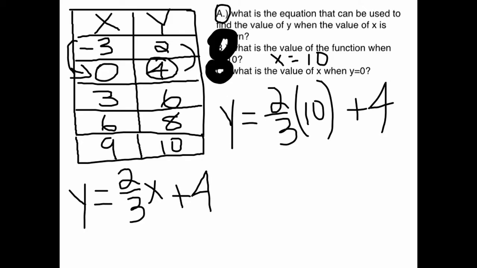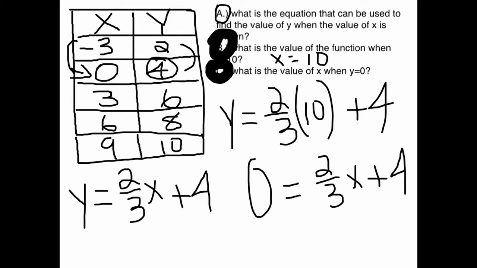And then for part C, what is the value of x when y is 0? Again, I would just plug in 0 for y in y equals 2/3 x plus 4. And then I would solve for x from there by subtracting 4. And I'm left with negative 4 equals 2/3 x.